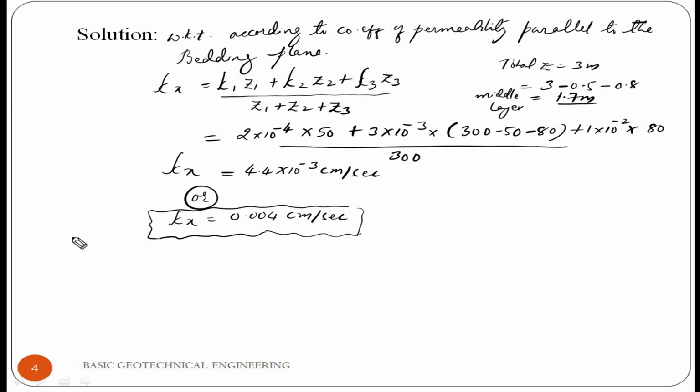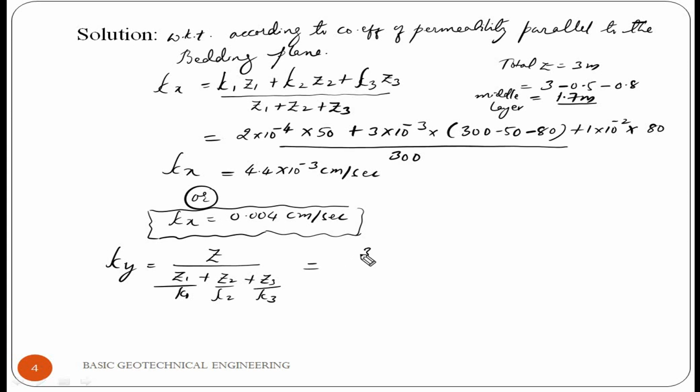So now the same thing we will calculate perpendicular to the bedding plane, that is the coefficient of permeability perpendicular to the bedding plane. Here the formula is Ky is equal to capital Z divided by Z1 divided by K1 plus Z2 divided by K2 plus Z3 divided by K3.